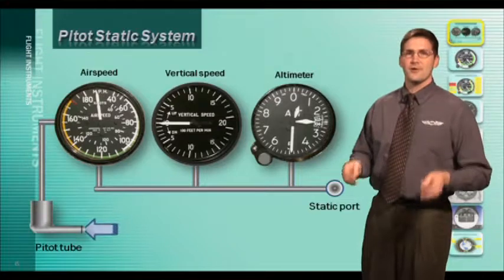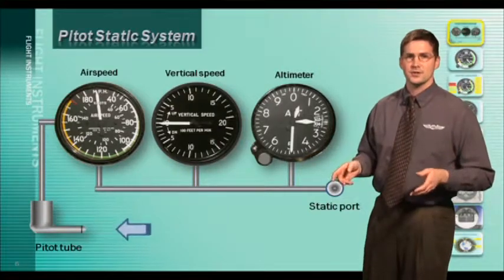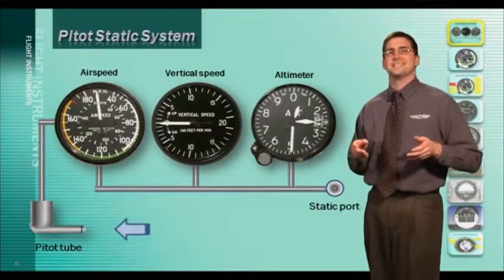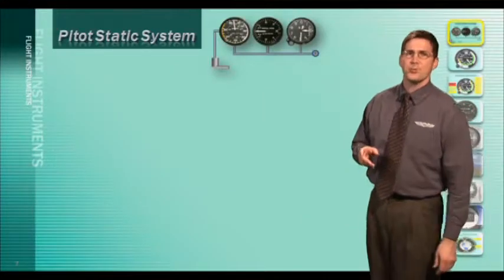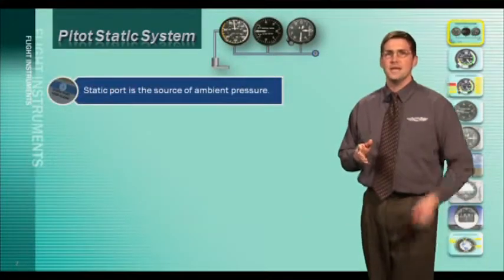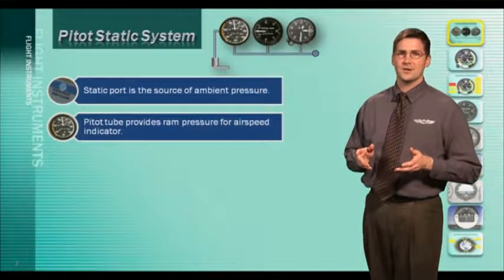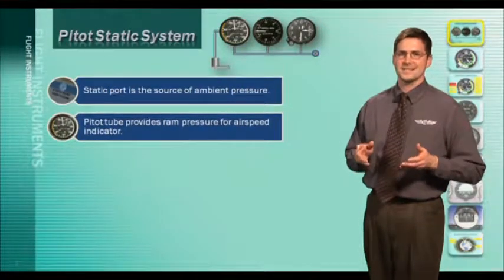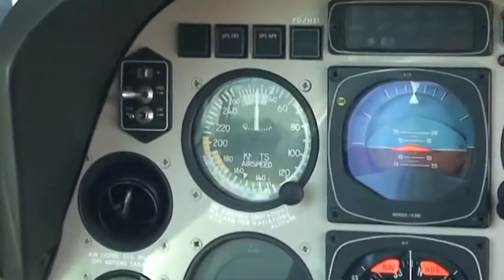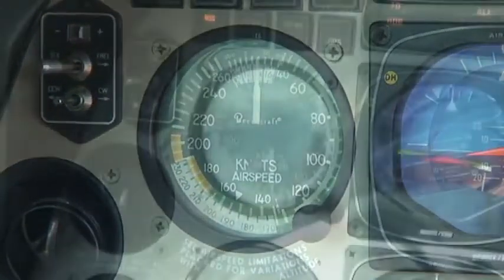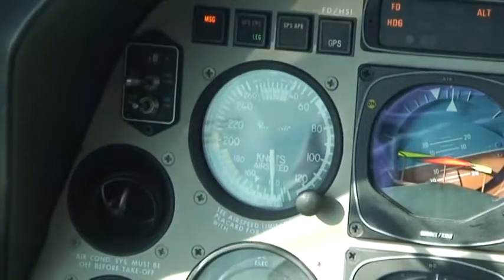It provides the reference source for ambient air pressure. Ambient air pressure is the static air pressure outside the aircraft. Now, ram air pressure is sensed by the pitot tube and displayed by the airspeed indicator. The ambient air pressure is sensed by the static port. It's the difference in these 2 pressures that is displayed as indicated airspeed on the airspeed indicator.